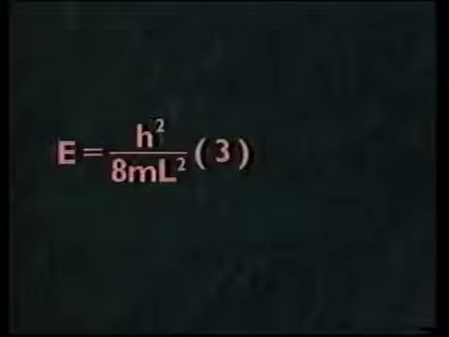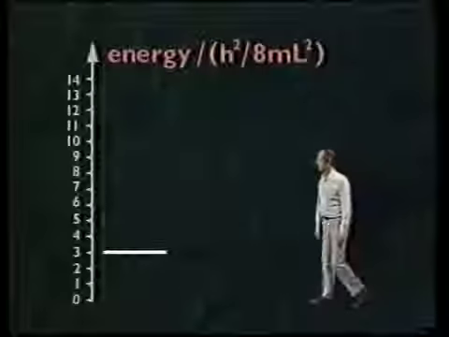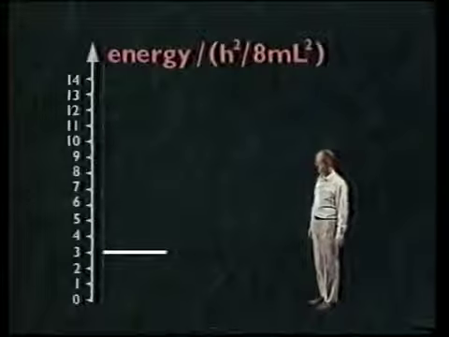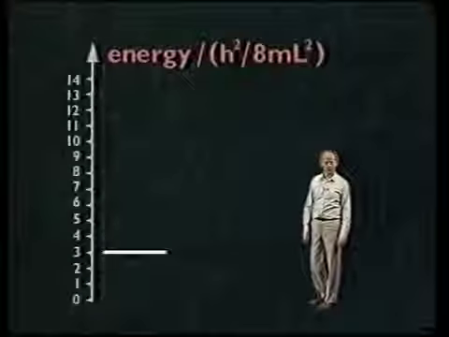The lowest energy is when all the 3 n's are equal to 1. I then have to add together the 3 contributions, and this gives 3 basic units worth of energy. And here it is. The scale is in terms of that basic energy unit up there, and as you see, this level has got 3 of those units.